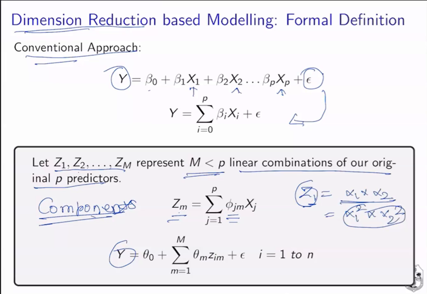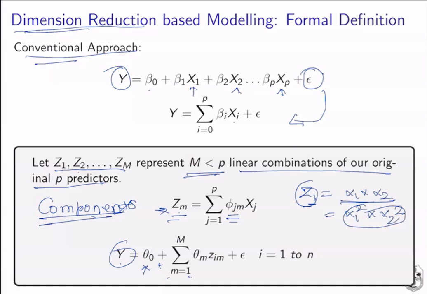And now the linear regression problem is expressed in terms of this Z and not this X. Now Y is expressed as theta 0 plus the sum from m equal to 1 to M, where M is less than p here, of theta m z im.